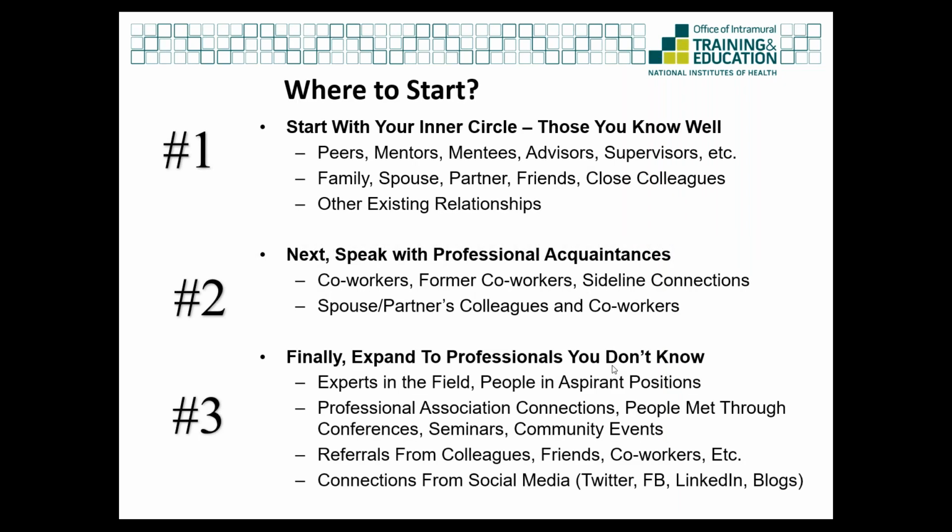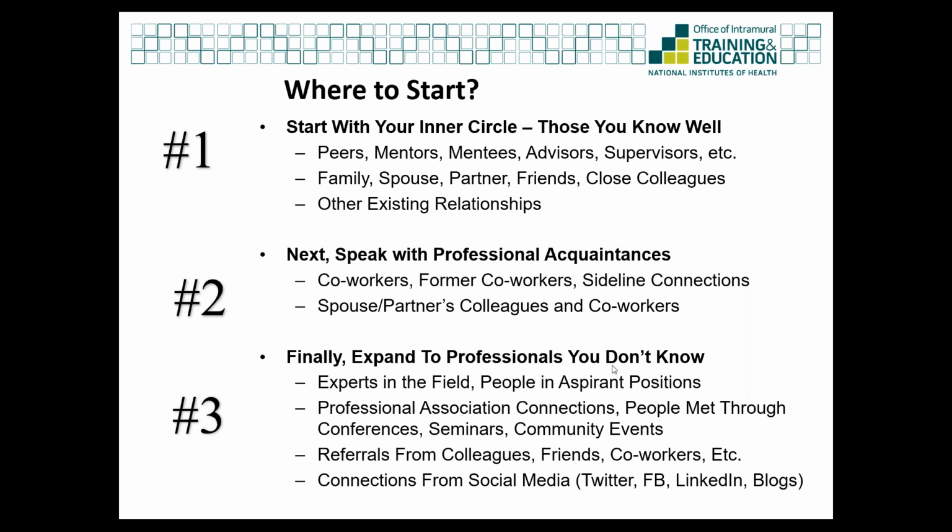So I really encourage you to start with your inner circle. So think about the people that you know really well. So that could be peers, your lab mates, your PI, any mentors or mentees within your life.